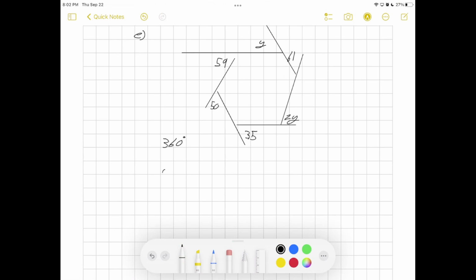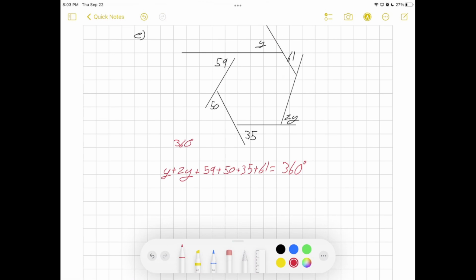So, y plus 2y plus 59 plus 50 plus 35 plus 61 is equal to 360 degrees.